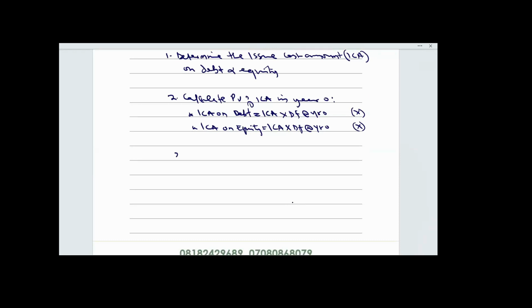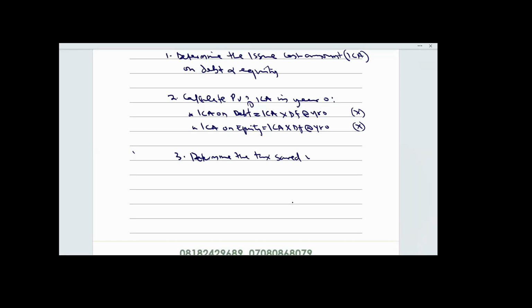All right. Then, additionally, you also need to calculate, if in the question you are told that the issue costs will include tax relief or tax benefits, then you need to determine the tax saved or tax benefits.